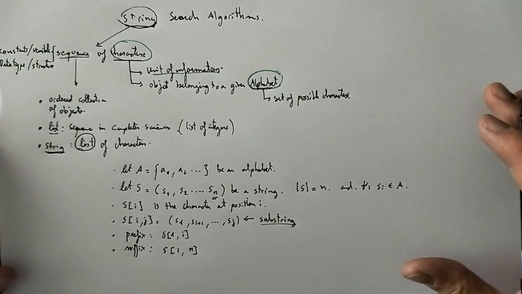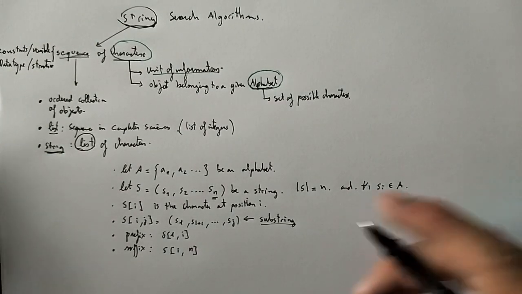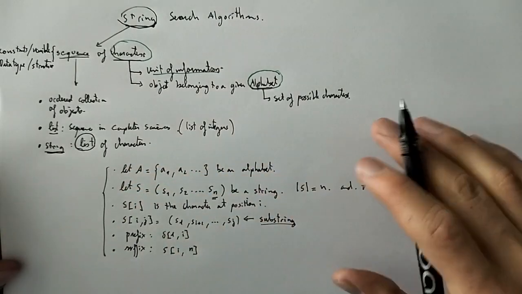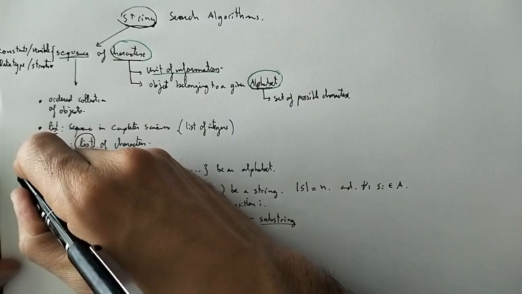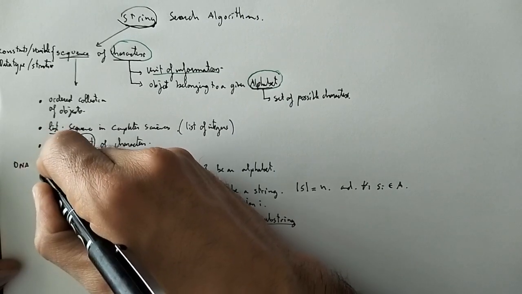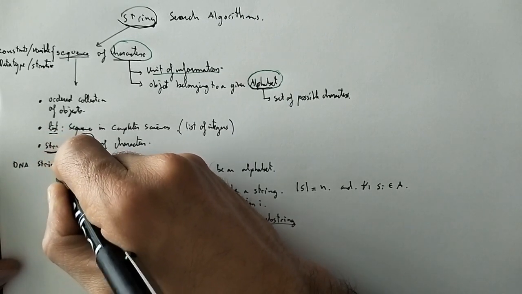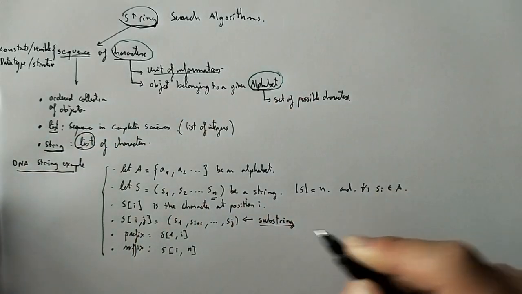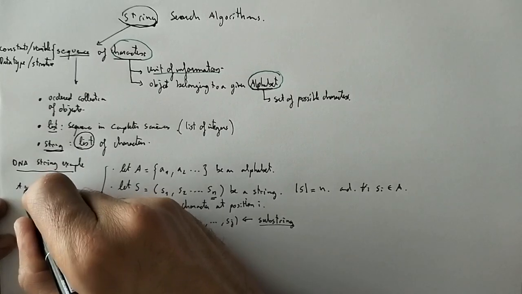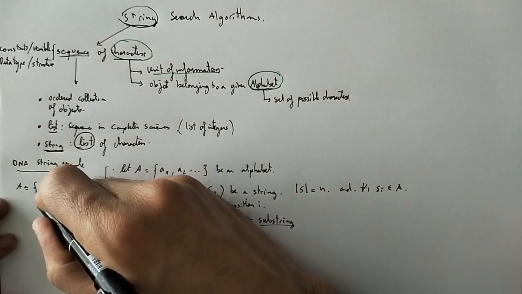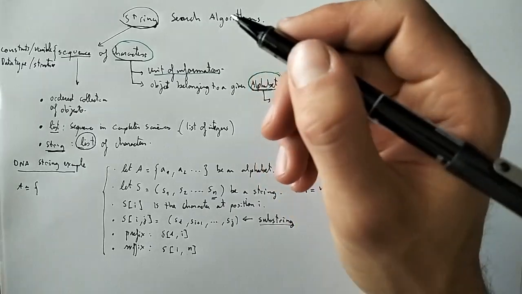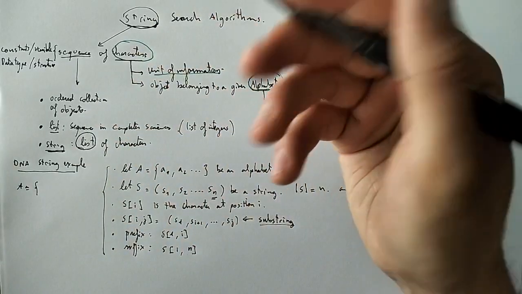Now let's give another example, but this time not in terms of general concepts, but for the DNA string example. In this case, A will be simply the set of characters that we can have in DNA. In DNA, most of the time we will say that we will have 4 letters.